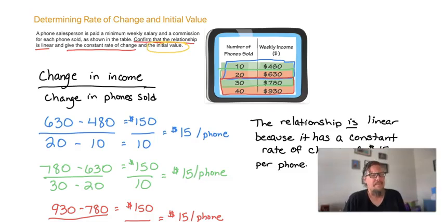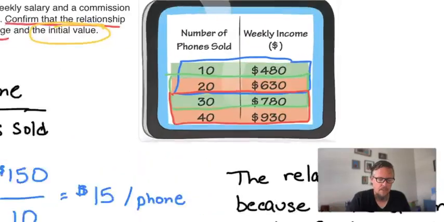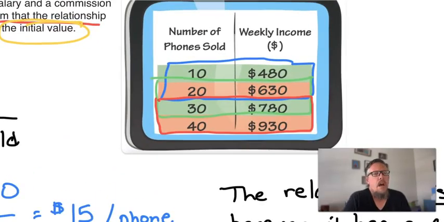Great. Now, the last part of the question said for us to find the initial value. What does that mean? Well, if we're paid $15 per phone, I know that my weekly income is not just based on how many phones I sell. And the reason I know it's not is because when I sold 10 phones, I made $480. And 10 phones at $15 per phone is not $480.